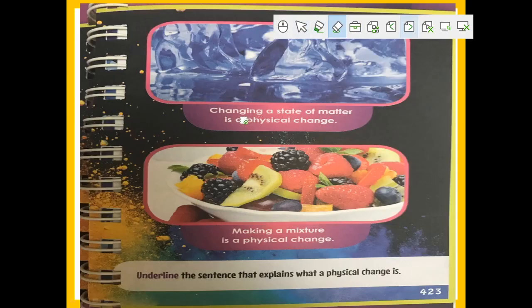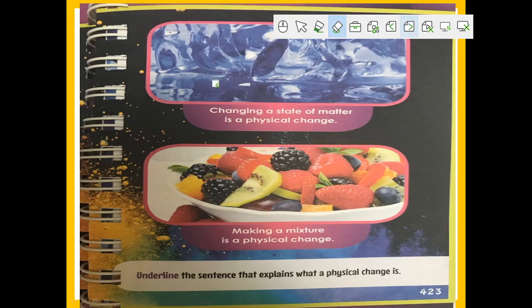Here, changing a state of matter is a physical change. We have here ice. We change the ice into water. The solid changes into liquid. So the ice is water.